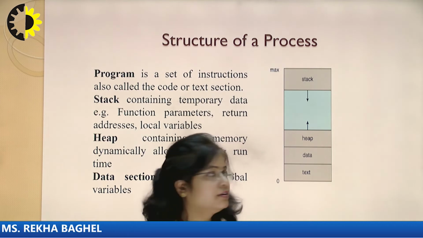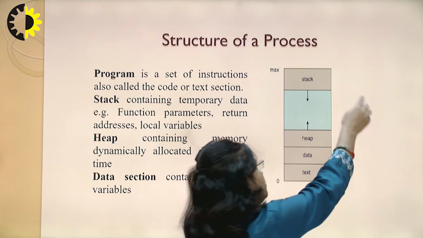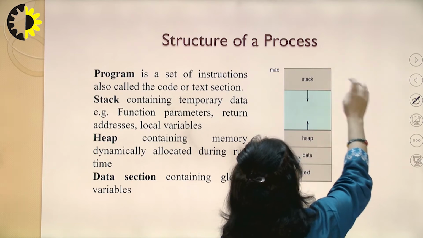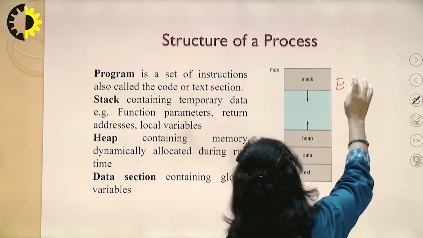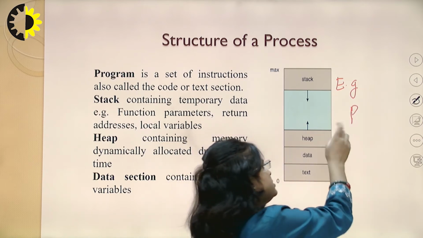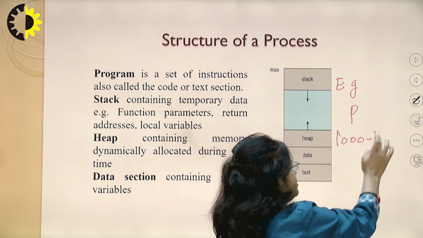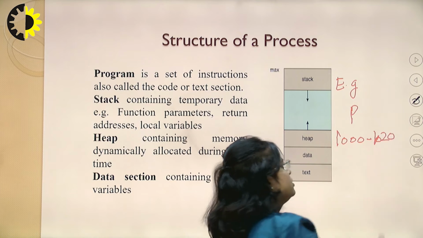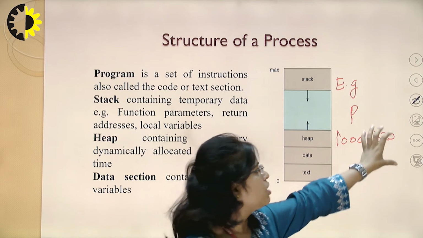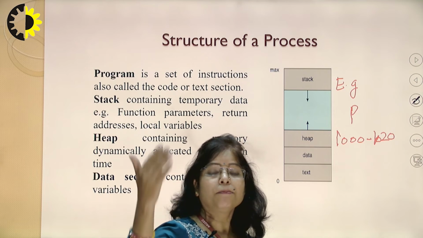We can understand this concept with the help of one example. Suppose we have one program P, and this program is stored in some memory location like 1000 to 1020. So the stack part always resides in the upper memory location.